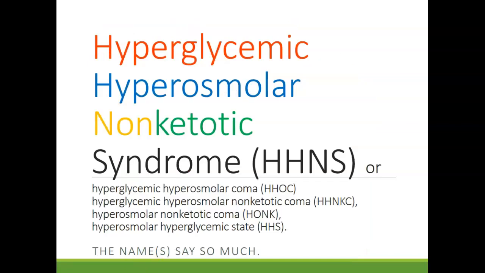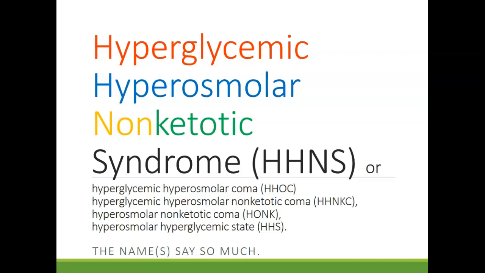The other issue that we see is hyperglycemic hyperosmolar nonketotic syndrome, HHNS. There are a lot of different ways to say it, but the names say so much. So again, hyperglycemic, going to have high blood glucose levels.